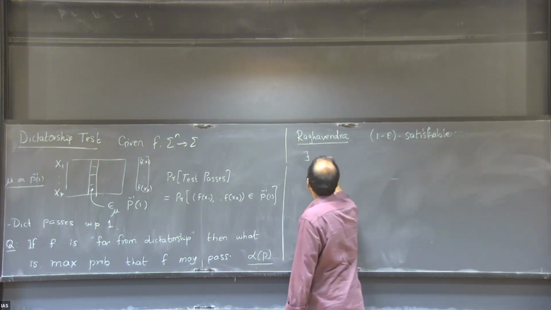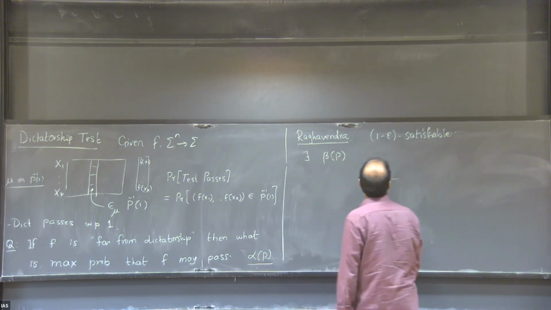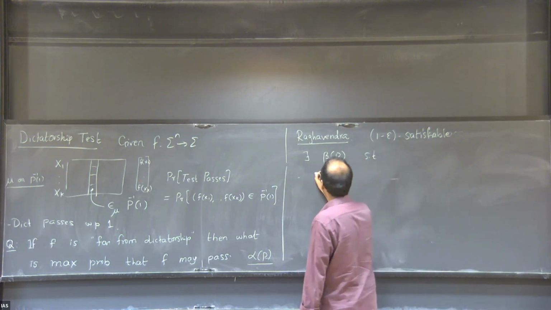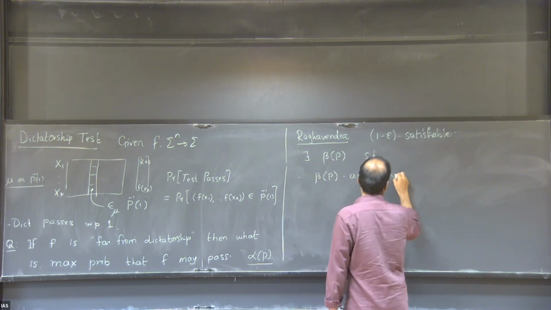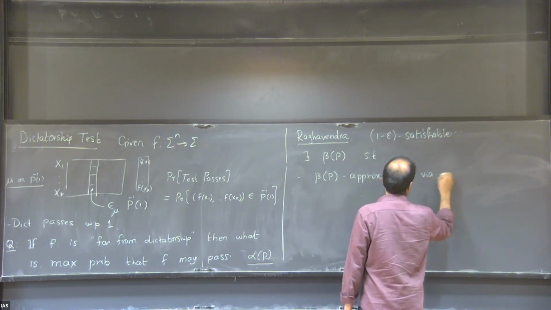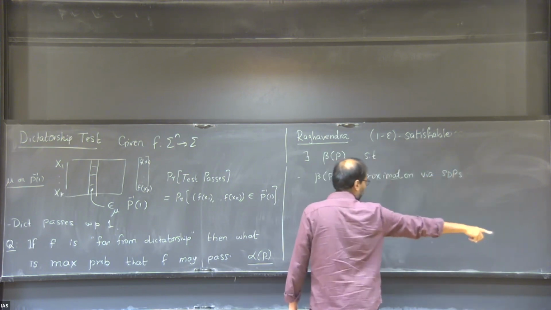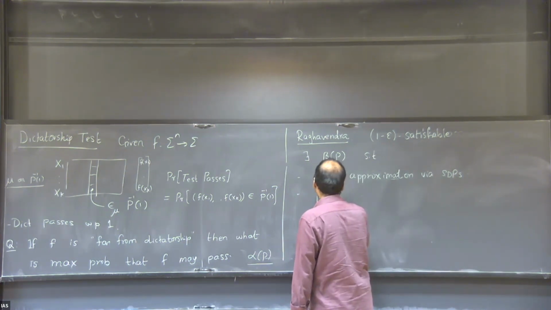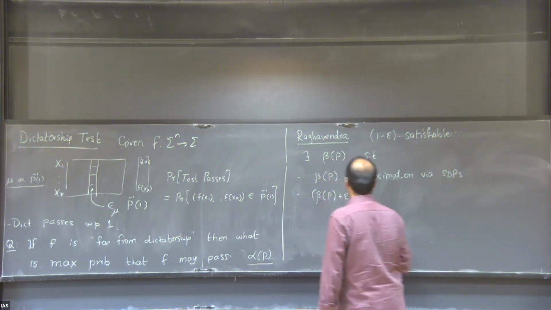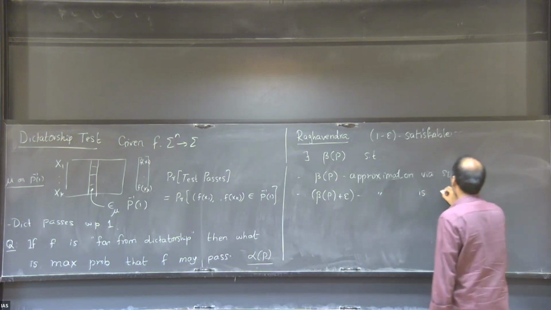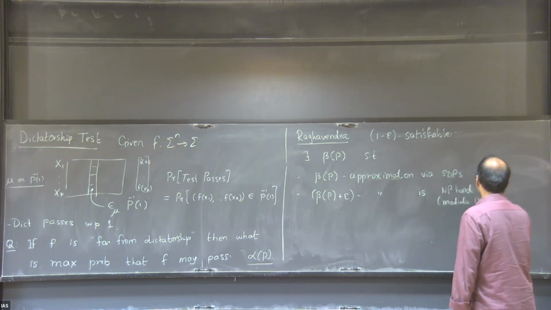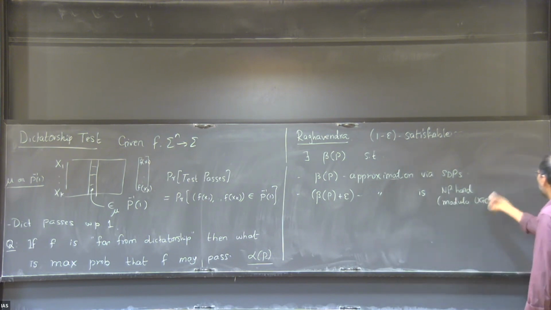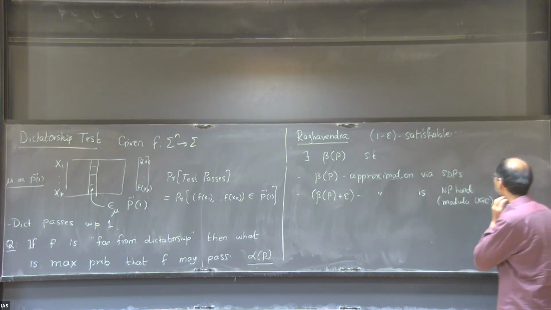So he says that for every CSP there is some beta p such that you get a beta p approximation using SDPs. I wrote down SDP there, which I will show you in a minute. A beta p plus epsilon approximation is, ideally you would like to say NP-hard, but this is assuming the unique games conjecture, which if you know, fine. If you don't know, you can forget it.